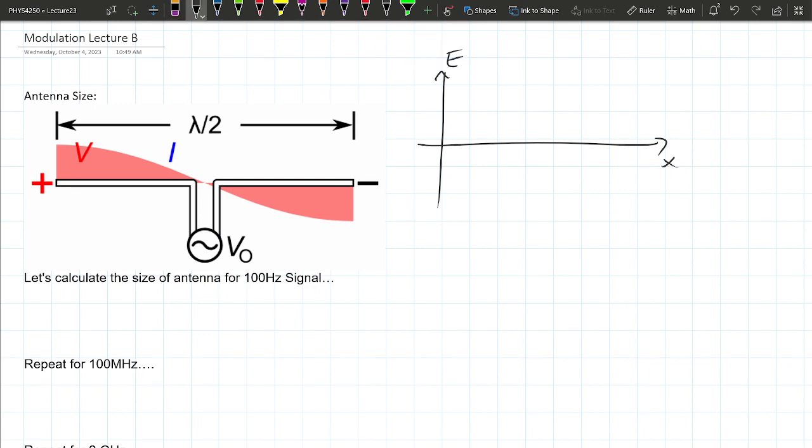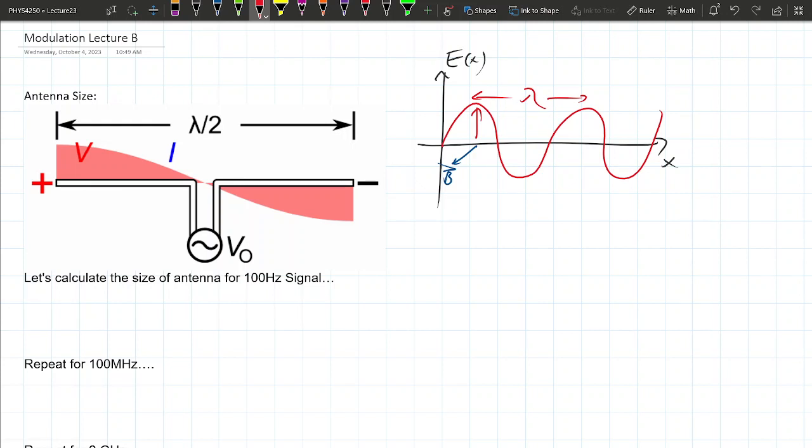Maybe this is an E field as a function of space, so this will be some sine or cosine wave, and then of course the magnetic field comes out perpendicular to it. This electric field has some wavelength, peak to peak.